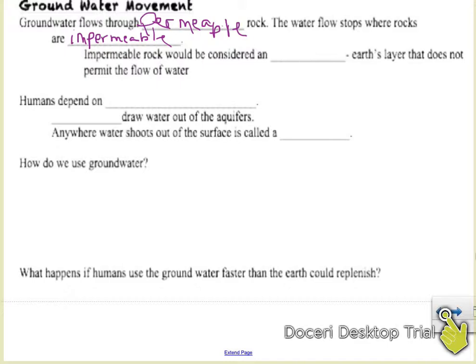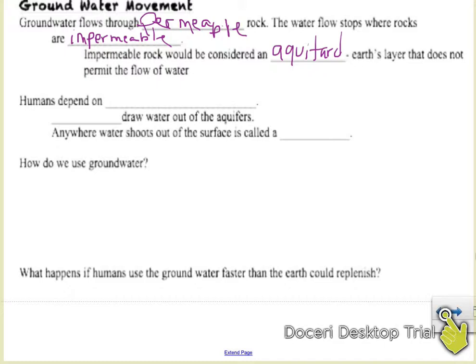Drew? Aquitard. Very good. An aquitard is not specifically an earth layer, but if you have some parts underground where water can't flow, we would call that an aquitard.